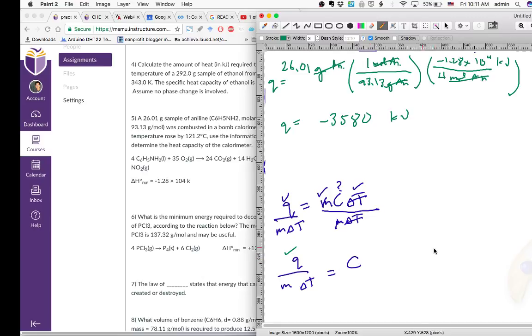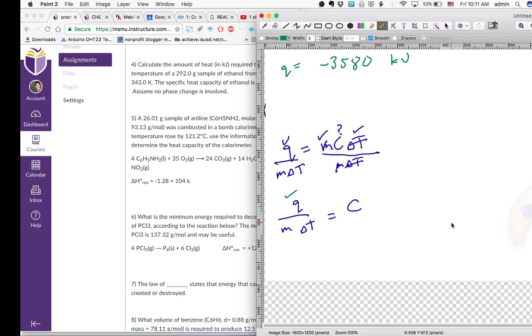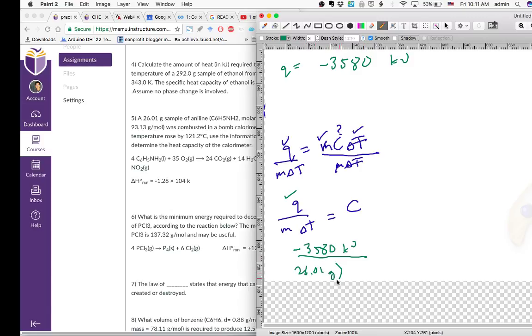Let's see if I can move this over. The Q was negative 3580 kilojoules, the mass was 26.01 grams of aniline, and the delta T was 121.2 degrees Celsius. That's kJ, by the way.